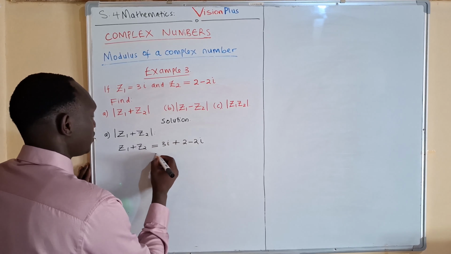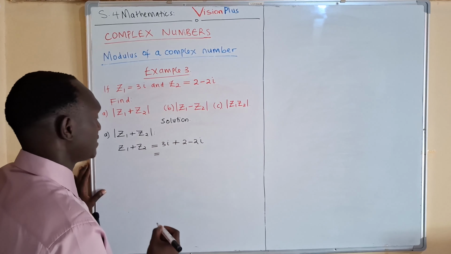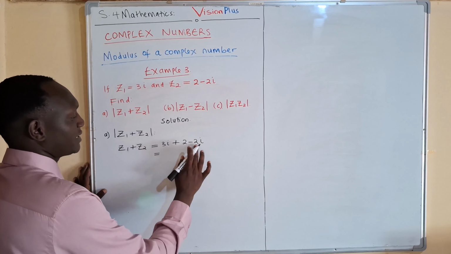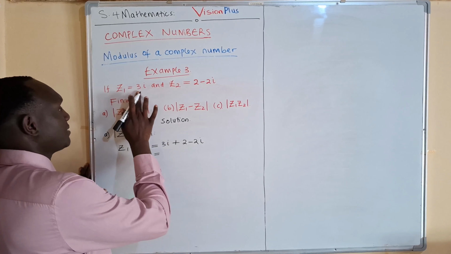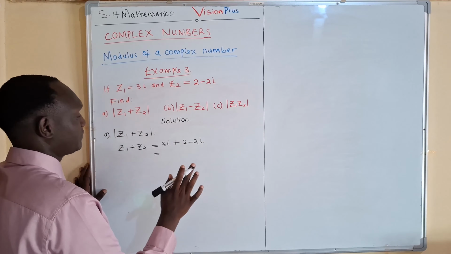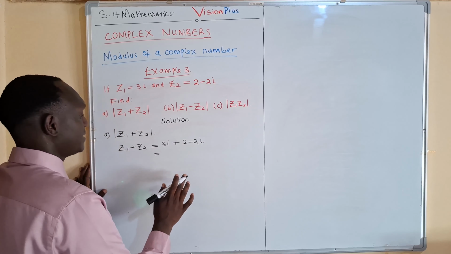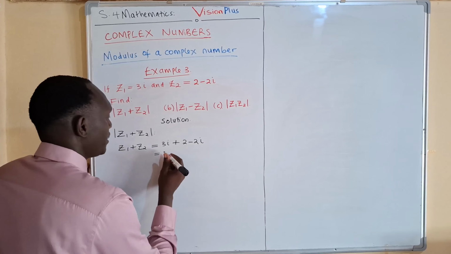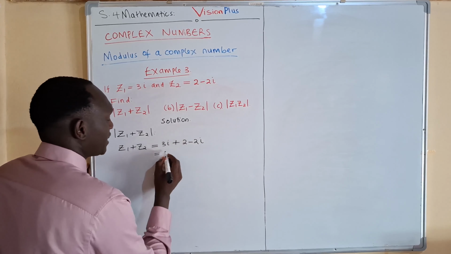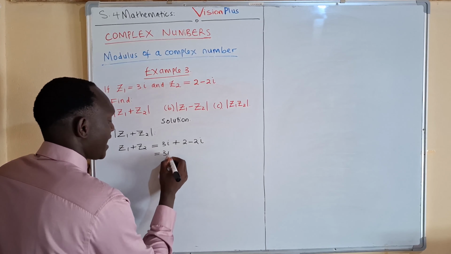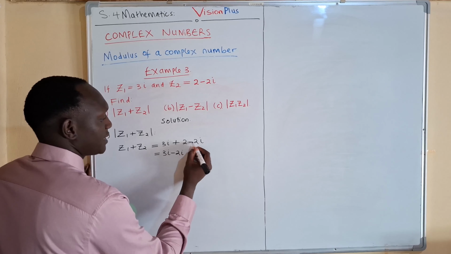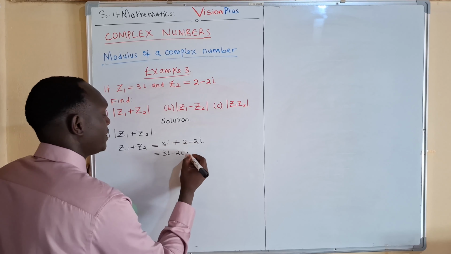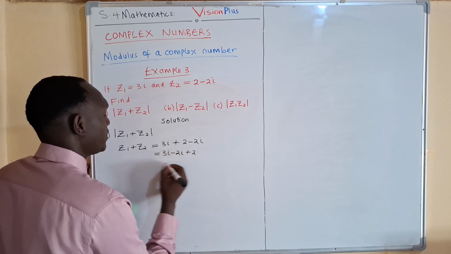Remember, we have done addition of complex numbers, so let's just add them. We collect the imaginary parts together and the real parts together. The first complex number z1 does not have a real part. In other words, its real part is 0. So let's add the imaginary parts together. That is 3i minus 2i, because it is negative 2i, it is carrying a negative sign, and then we add 2.